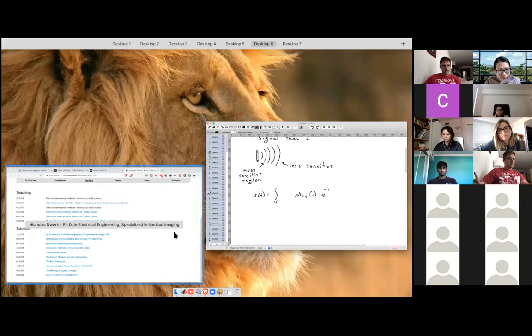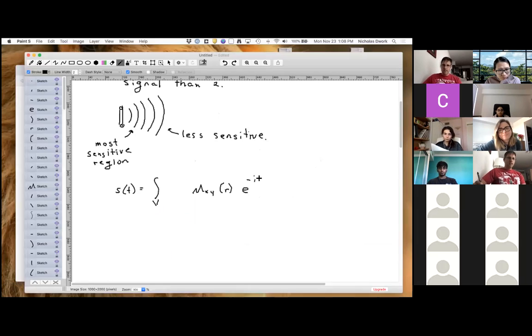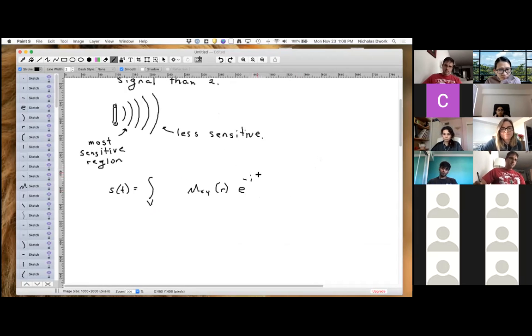I forgot what I wrote. Well, can someone tell me if this is right? I think this is right.